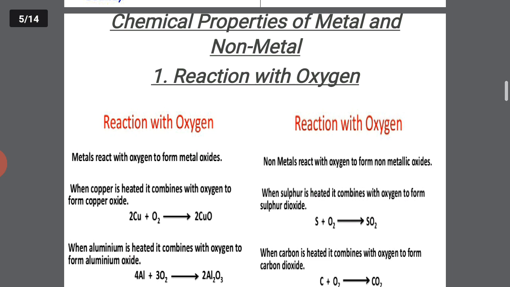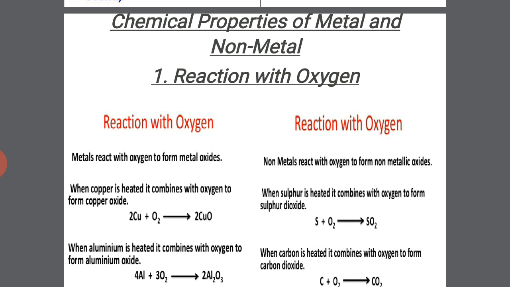Let's study the second criterion for comparison of metals and non-metals, their chemical properties. Reaction with oxygen. Metals react with oxygen and form metal oxides. Non-metals react with oxygen and make non-metal oxides.